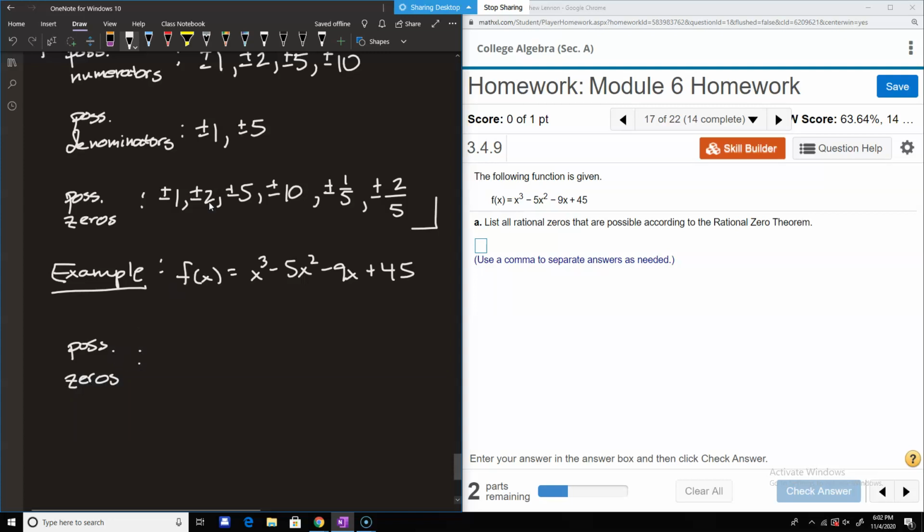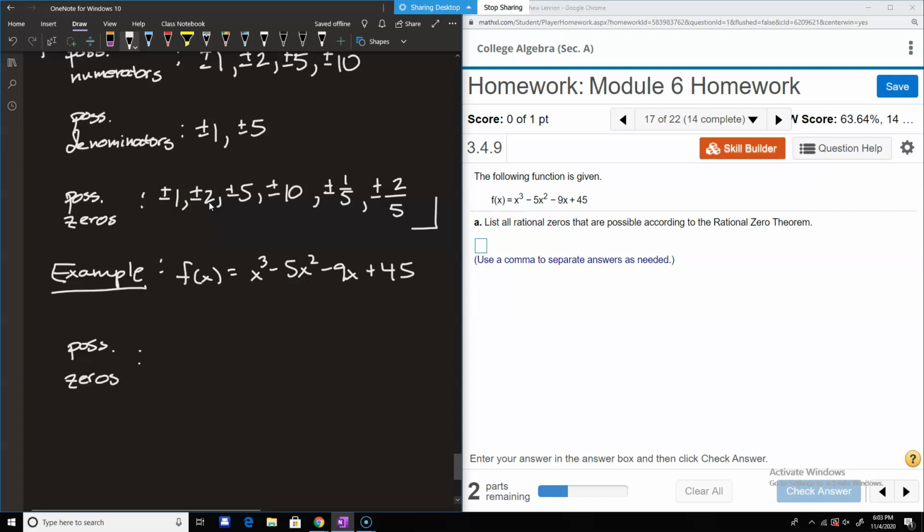Again, the tops of our fractions, well, that's all it's going to be, right? This is an easy example for the rational roots theorem because 45 is the number at the end. So we're just looking for 45 because what's the number at front? The number in front is just a 1. So if the number in front is 1, then the only thing that can go on the denominator is a 1, which makes all the possible zeros whole numbers. So the only possible zeros are going to be things that go into 45 evenly.